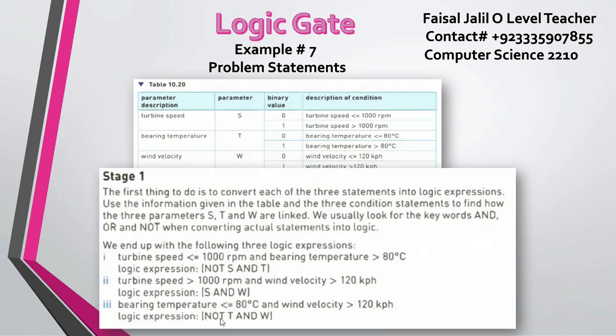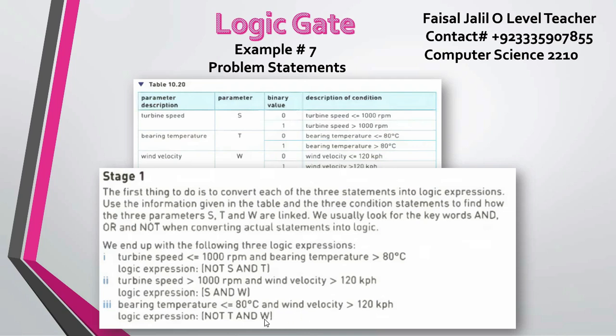NOT T means the bearing temperature's binary value is 0, because using this table, bearing temperature is less than or equal to 80 degrees Celsius. Bearing temperature is represented by T, and less than or equal to 80 means that T is equal to 0. So T is 0, meaning NOT T, and then the AND comes over here as an AND gate. Wind velocity greater than 120 kph means W is equal to 1.